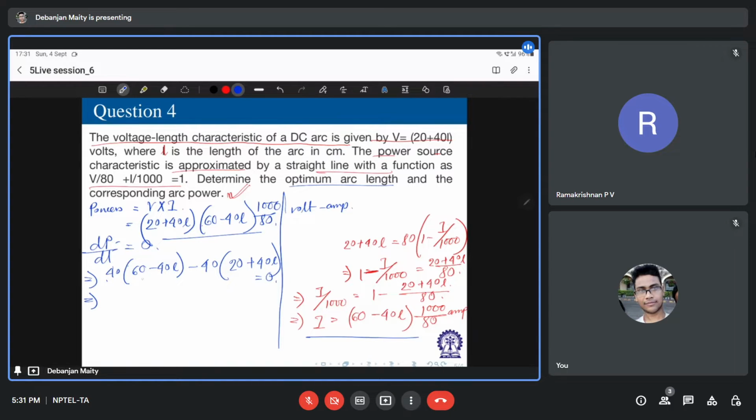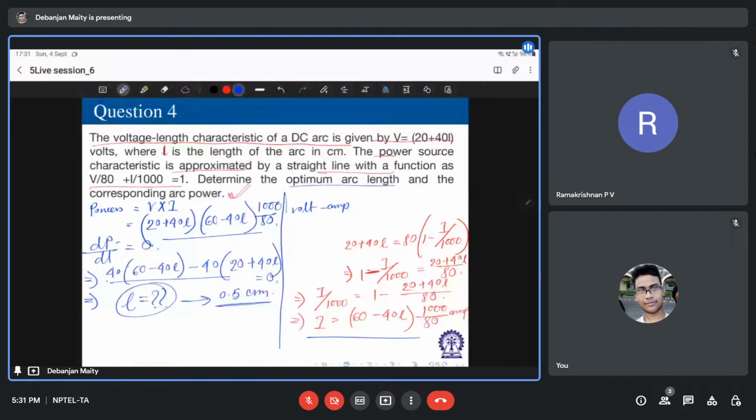So from here we can simply find out the L value. For me, this is coming as 0.5 centimeter. I will urge you to please try to match the answer.